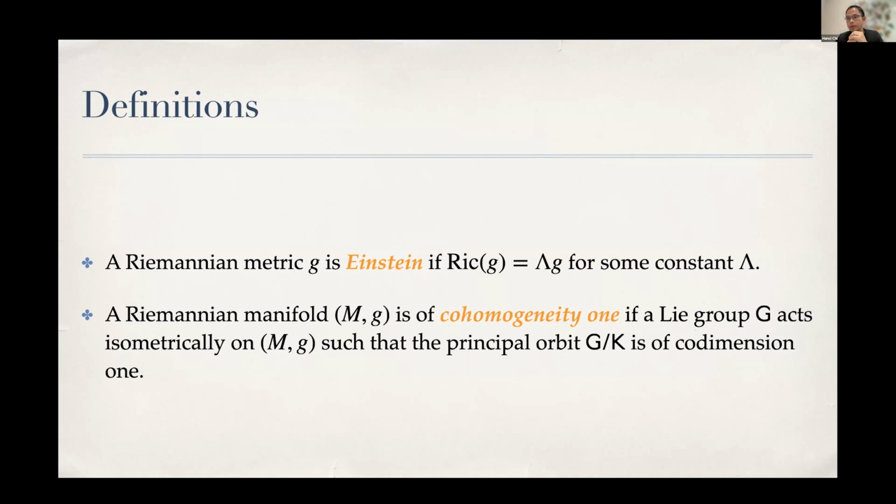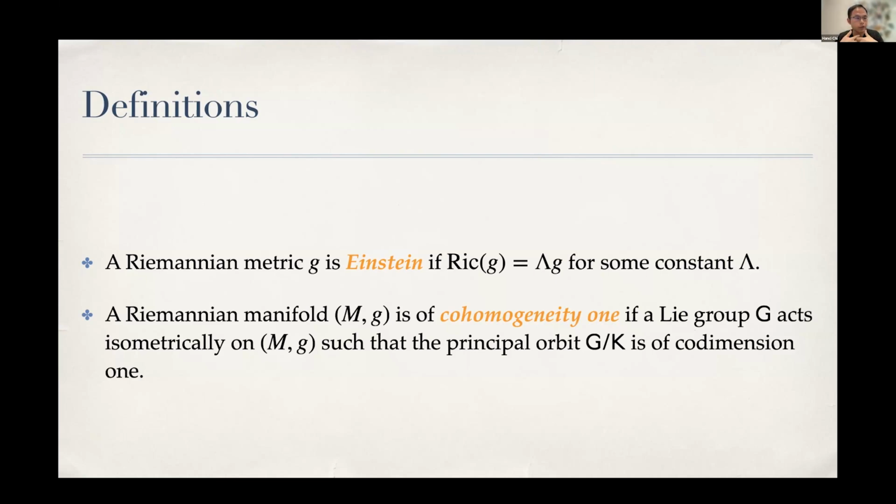That is, you assume that the manifold is homogeneous and has a lot of symmetry, and in that way the PDE gets reduced to a set of algebraic equations, and you get some interesting examples out of it. So it's a natural question to ask whether you can have an inhomogeneous Einstein metric.